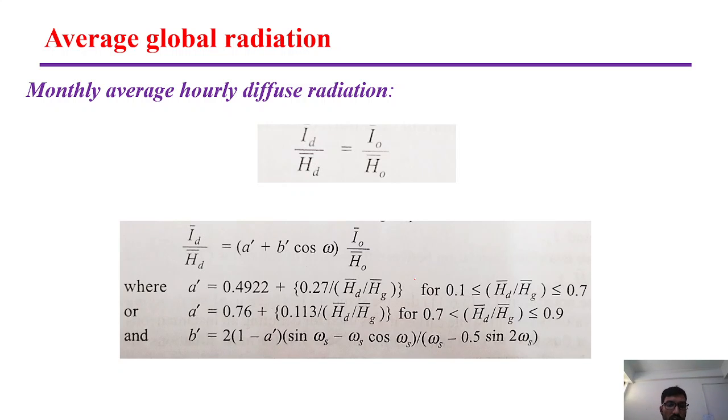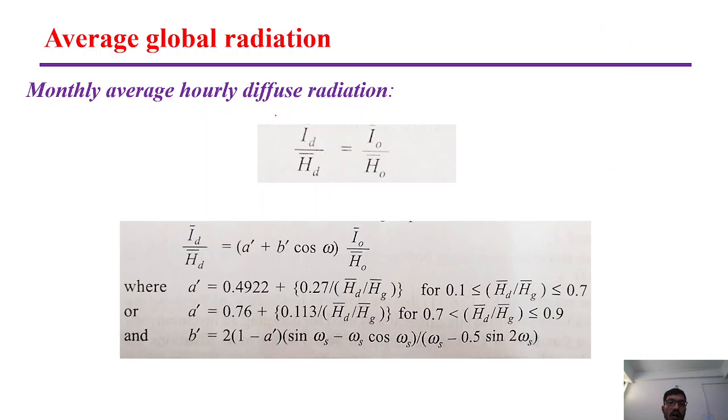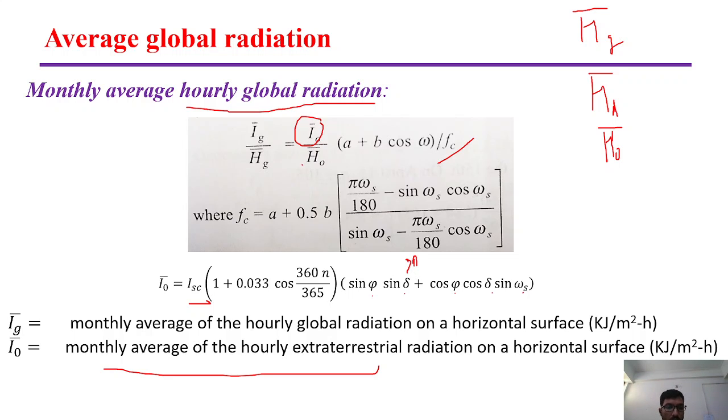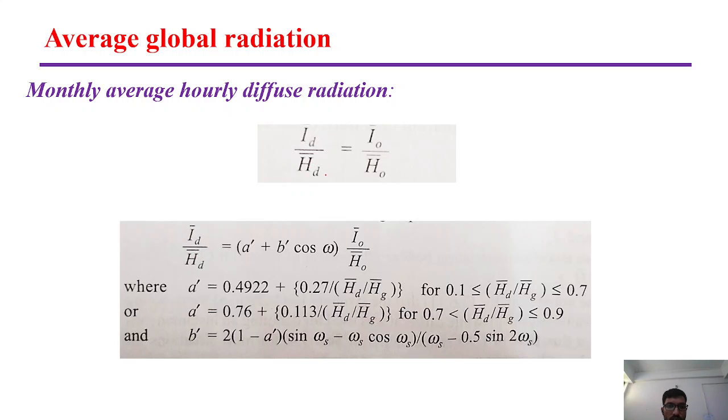Another correlation is given to calculate the monthly average hourly diffuse radiation. First the hourly global radiation, and then the hourly diffuse radiation, ID. That will be based on the hourly ID upon HD, where HD is your daily diffuse radiation.